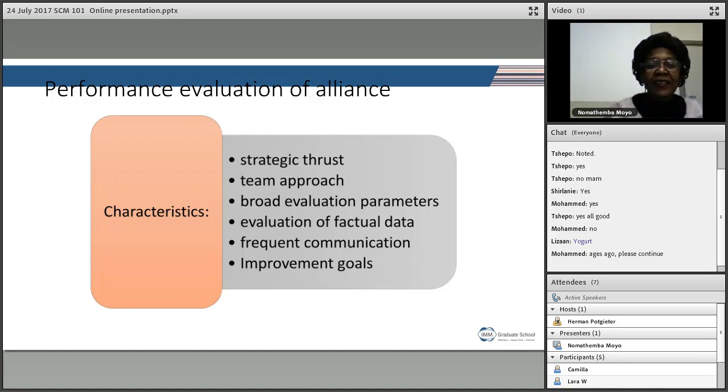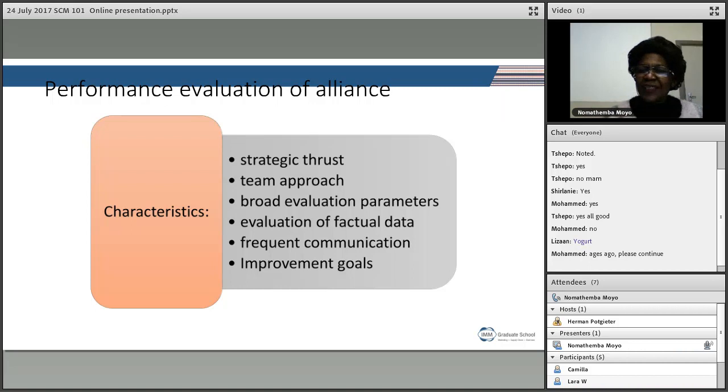Performance evaluation of alliance characteristics. You are looking at the strategic thrust. You want to ensure that the performance of your relationship is impacting positively on your strategy. Team approach. You are working as a team.